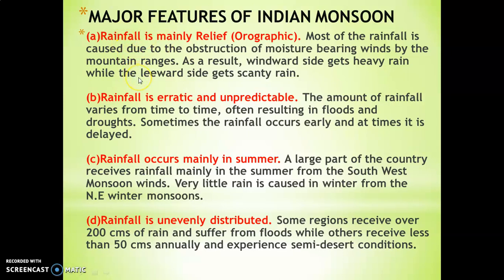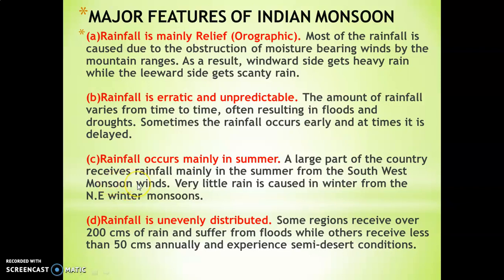If we talk about these 4 seasons, India receives most of its rainfall in summer, that is the rainy season, from southwest monsoon winds compared to other winds like northeast winds which blow during winter. Because southwest monsoon winds blow from sea to land, they carry lots of moisture.